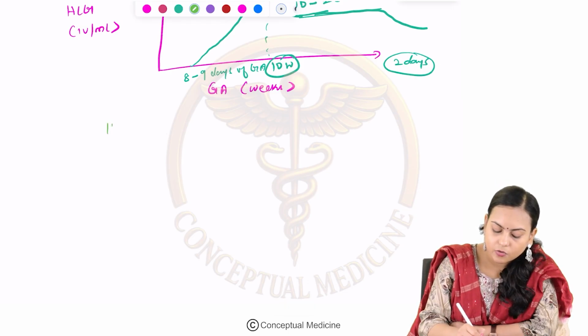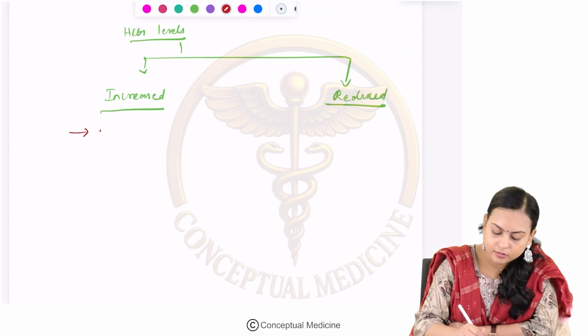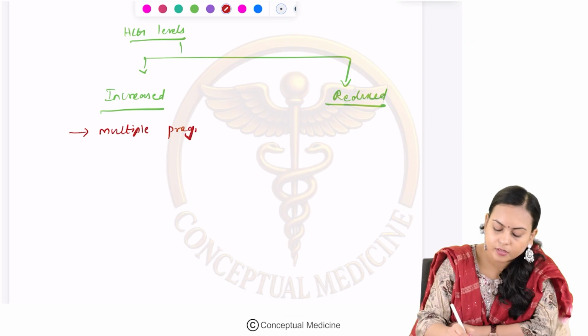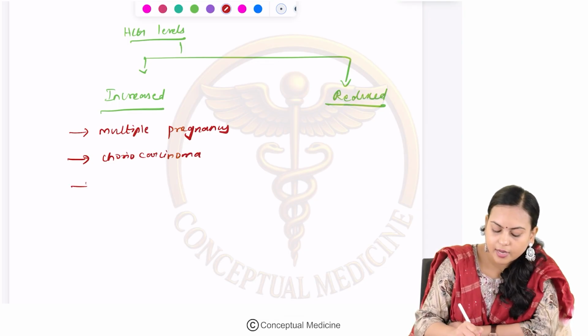Okay. So, HCG levels are increased in multiple pregnancy, choriocarcinoma, and trisomy 21, which is nothing but Down syndrome.